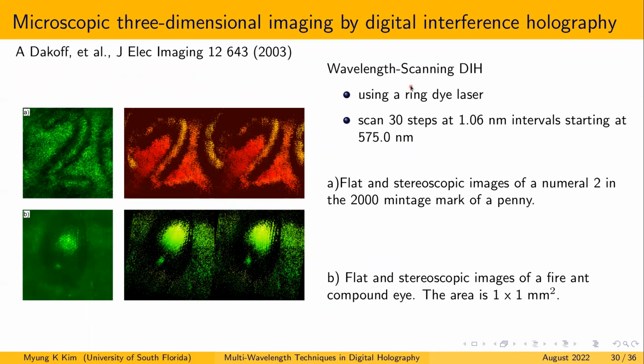So in this demonstration of wavelength scanning digital interference holography, a ring dye laser was used to scan 30 steps at 1.06 nanometer intervals, starting at 575 nanometer. These show about 1 by 1 millimeter squared areas of a penny, and compound eye of a wire end.